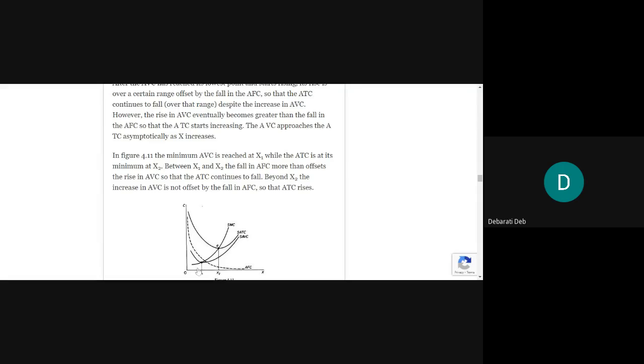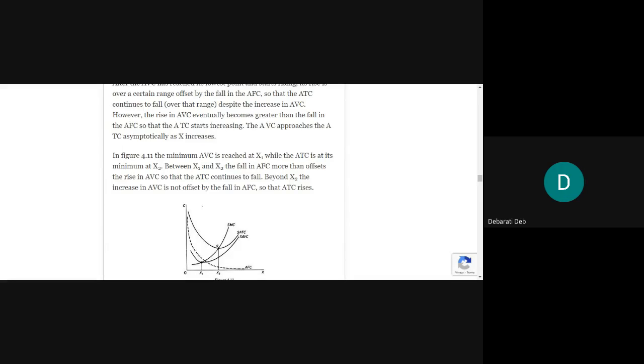So although AVC has started to rise after the point x1, in this range from x1 to x2 you see ATC is still falling. Despite this rise, ATC will keep on falling because AFC is present in ATC, where AFC is always falling.